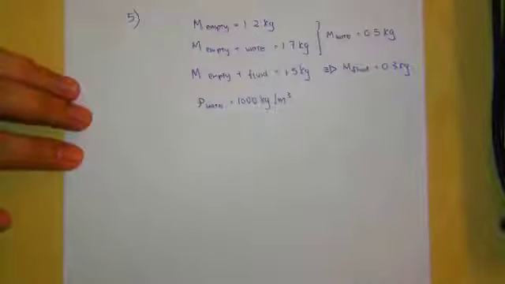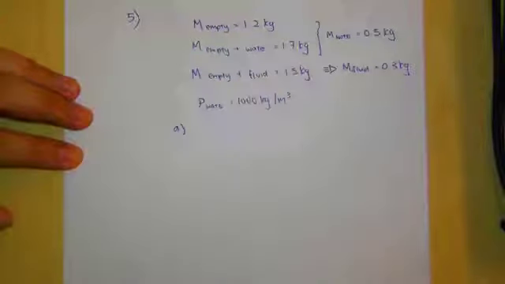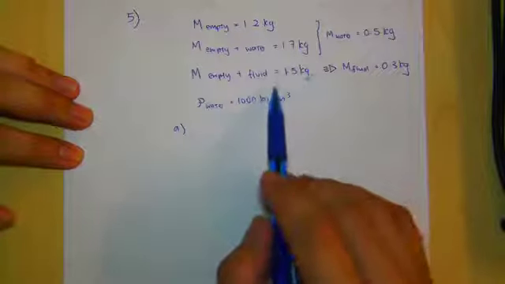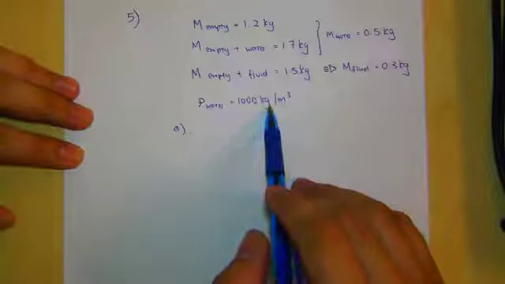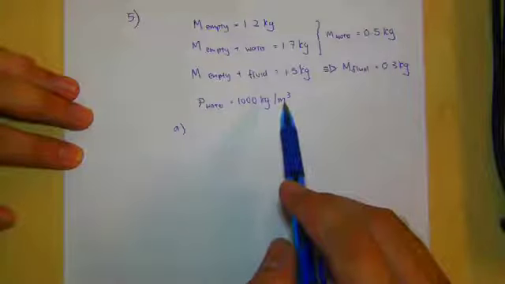So A, determine the volume of the bottle in this case. We can determine the volume of the bottle by using the mass of the water and the density of the water. Because the water is taking the shape of the bottle itself, the volume of water is equivalent to the volume of the bottle itself.